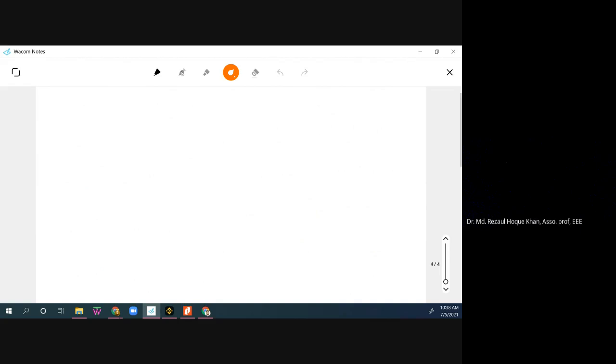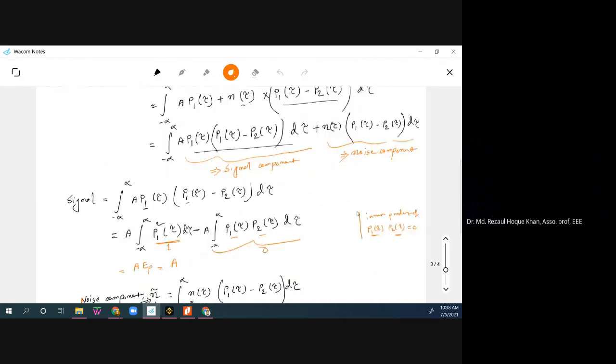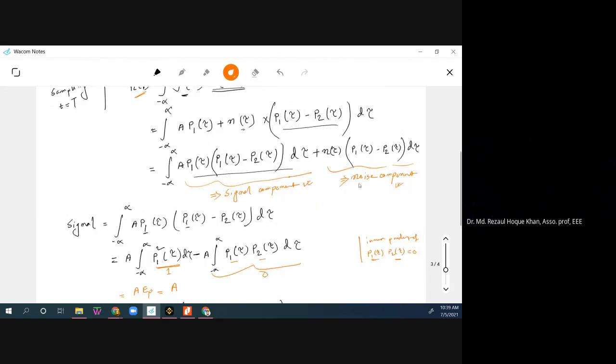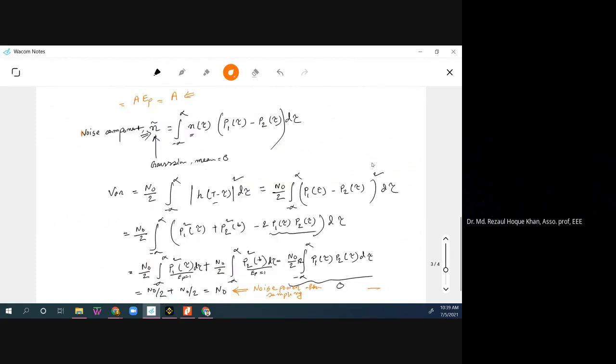Let us write the R(T). R(T) is nothing but the combination of two signals, having two components. One is a signal component and the other is a noise component. We individually derive the signal component, which is actually this one, and we also derive the noise component, which is actually here.